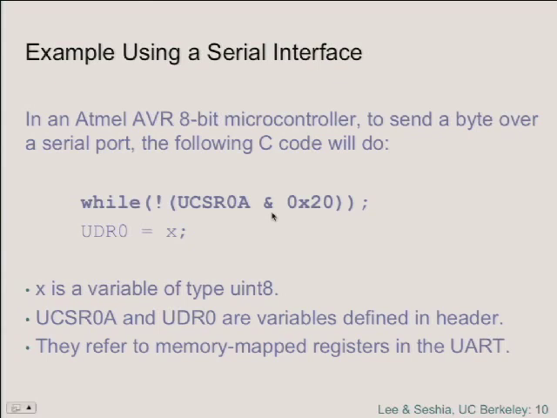This is writing a byte. So this bit must be telling me, are you available to send a byte? Which basically means, have you finished sending the last byte I asked you to send? If you have, then you're available. So you wait until the hardware is available, and then you take the value that you want to send over the serial port and write it to this memory mapped location, and you're done.